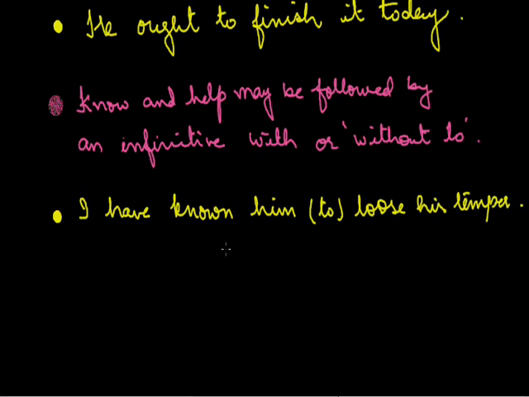We can write it, I have known him lose his temper, or I have known him to lose his temper. It is advisable to use the 'to' infinitive over here. It is never incorrect.